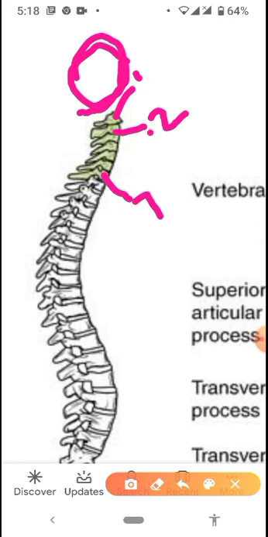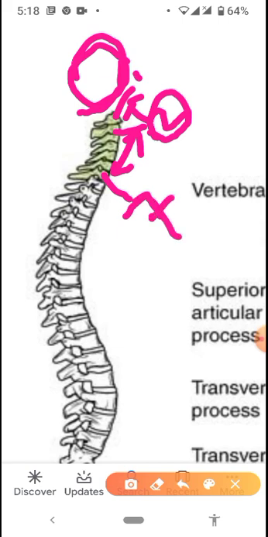And C2 has managed itself to communicate with C1. That's why C1 and C2 both are different from the other cervical vertebra. These are the typical cervical vertebra, and C1, C2 and C7 are the atypical cervical vertebra.